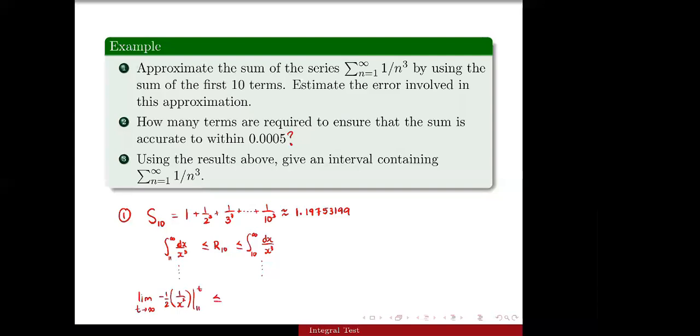This will be less than or equal to R sub 10, and less than or equal to a similar limit as s approaches plus infinity of negative 1 over 2, 1 over x squared, evaluated from 10 up to s.